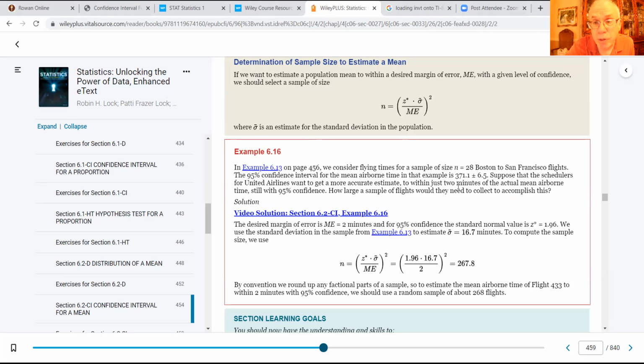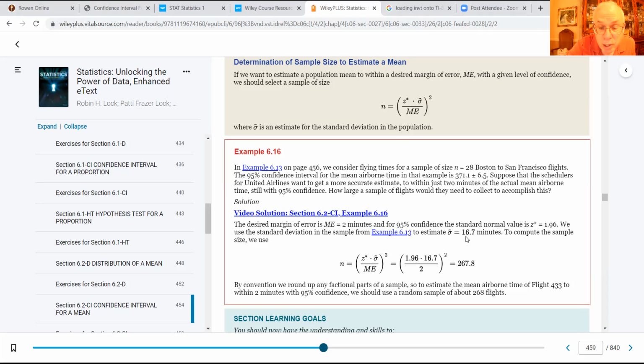They want the maximum difference between the population mean and the sample mean to be 2 minutes. So we want a margin of error to be 2. So let's look at our formula here. Now they did say here that, let me see what they said here.